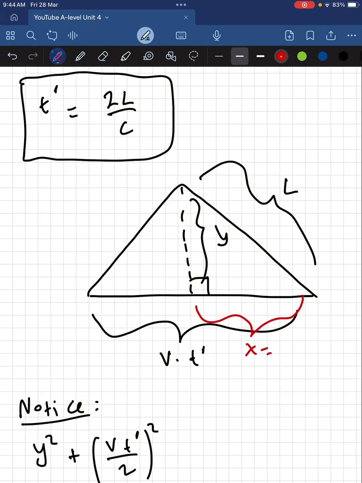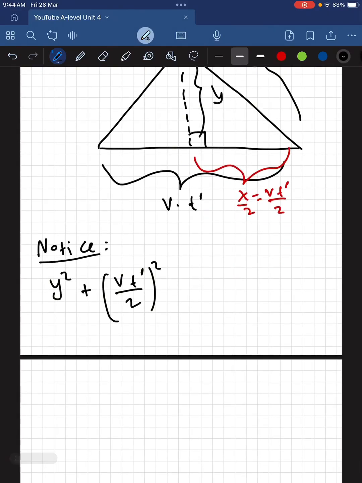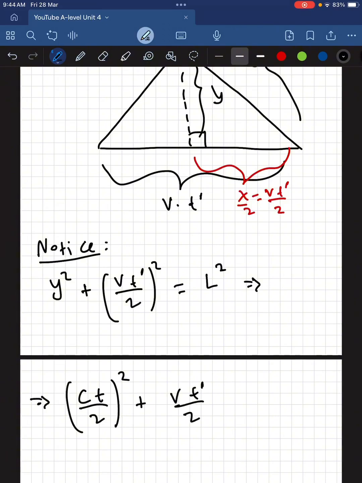So x over 2 is v t prime over 2, okay? So y squared plus v t prime over 2 squared is L squared, but recall that y is c t over 2, we showed that earlier, plus v t prime over 2 squared is equal to L, and L is nothing more than t prime c over 2 squared.